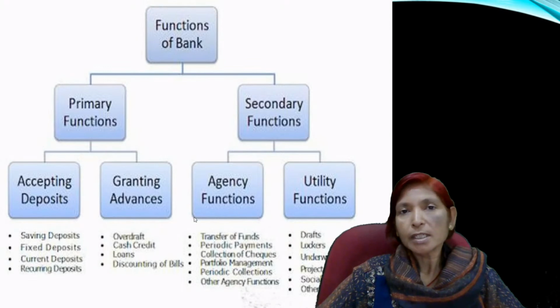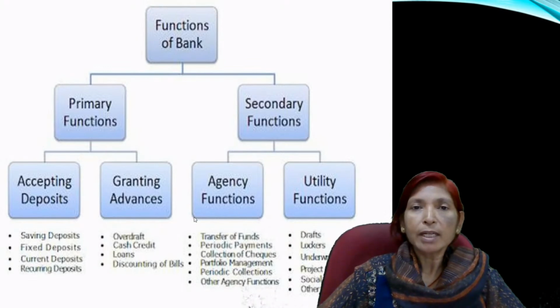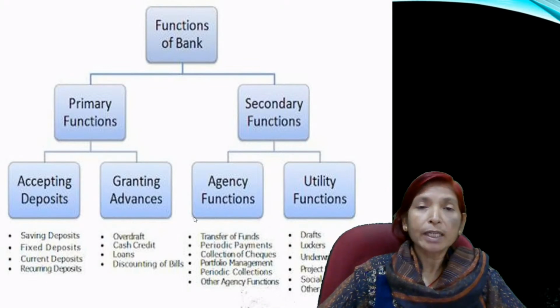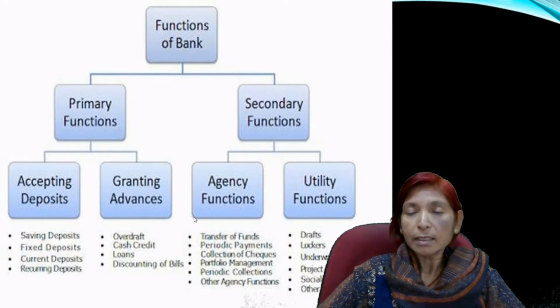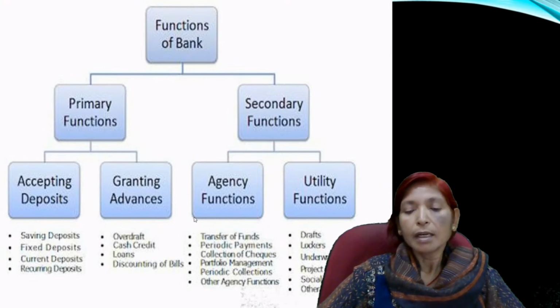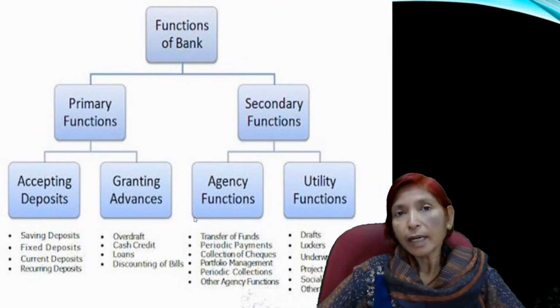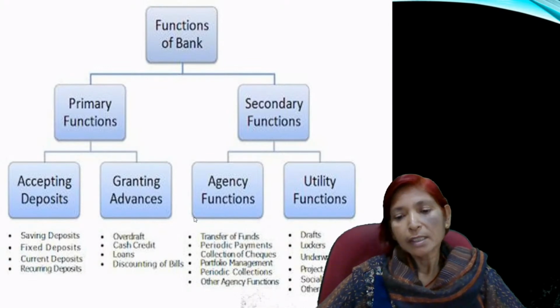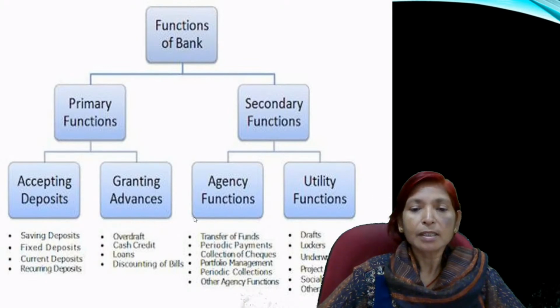In utility functions, the bank can provide draft facility and locker facility, in which you can keep your gold and other precious items safely, as well as underwriting, project reports, social welfare programs, and other utility functions.